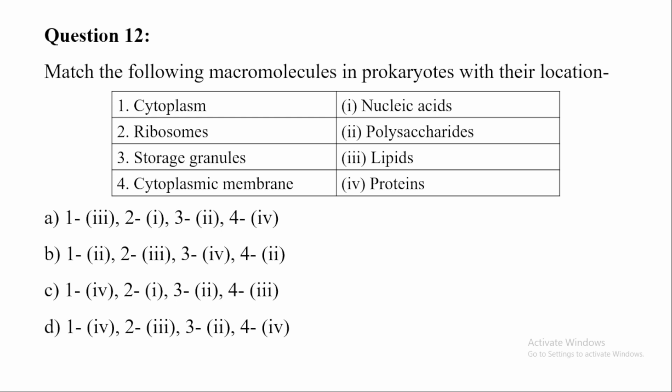So what is present in cytoplasm out of all the four options: nucleic acid, polysaccharides, lipids and proteins? Which macromolecule is present most abundantly in cytoplasm? Proteins are present in cytoplasm. Now, which macromolecule is present in ribosomes?